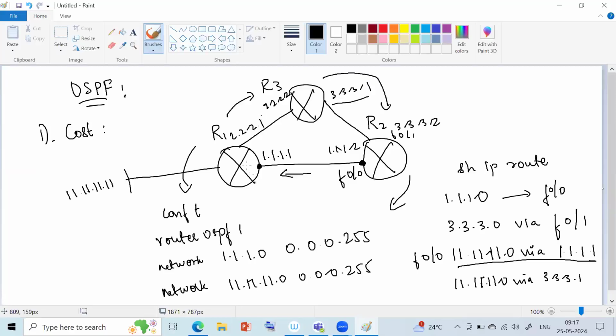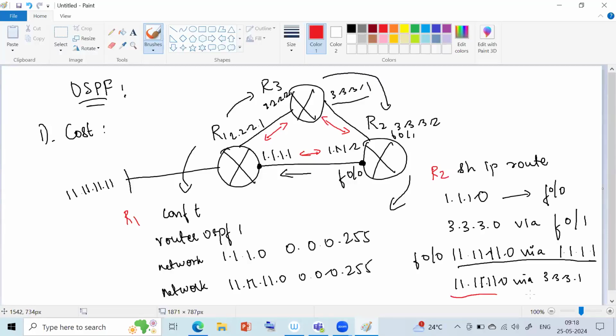All three are neighbors. 1 and 3 are neighbors. 3 and 2 are neighbors. 1 and 2 are neighbors. The same 11 network comes to R2 via R1 also and via R3 also.